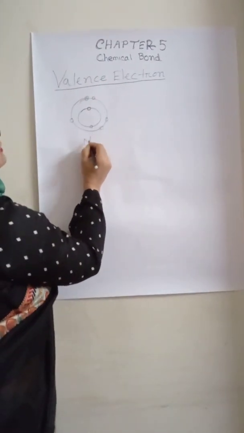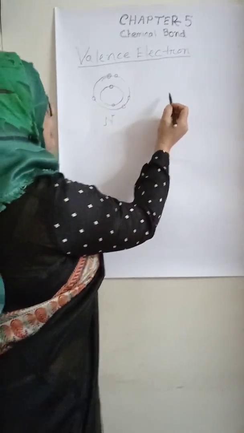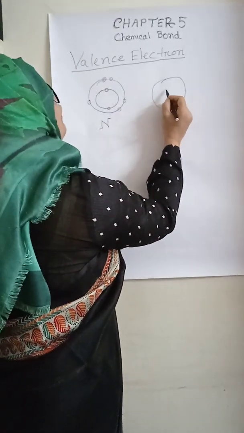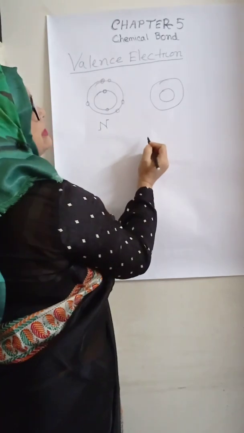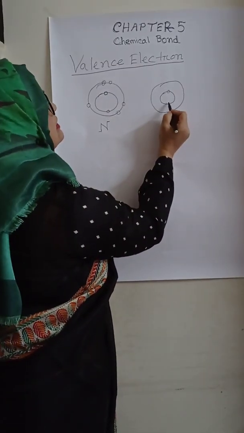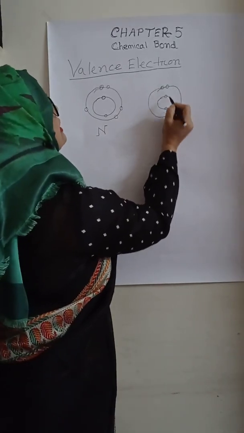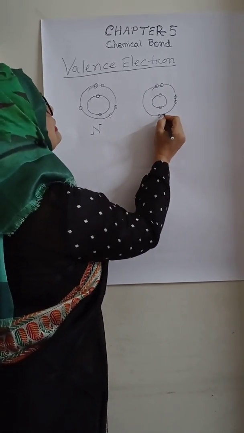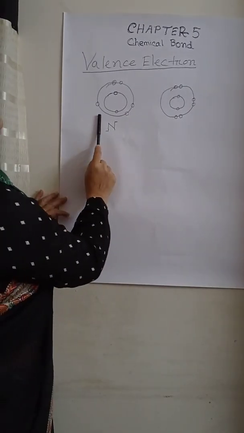This is nitrogen atom. And you know the atomic number of oxygen is 8. So, in the first shell there are 2 electrons and in the second shell there are 6 electrons.